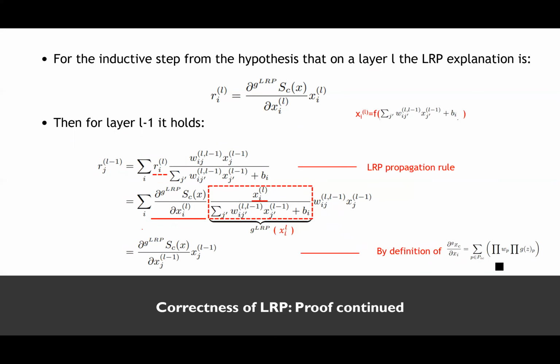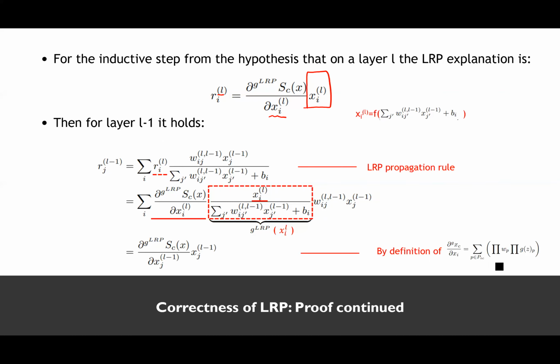Assuming that the induction step holds for the l-th layer, the relevance score can be represented as the gradient, where GLRP holds, of the partial derivative with respect to the i-th node in the l-th layer, times input.